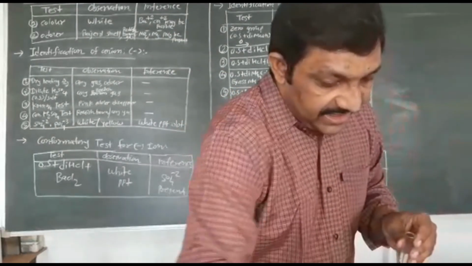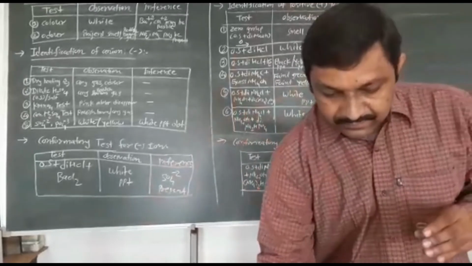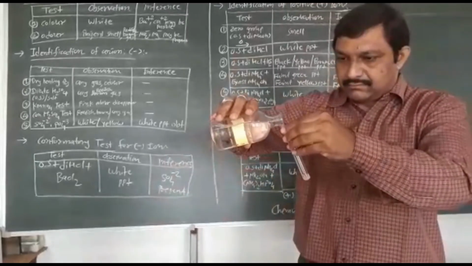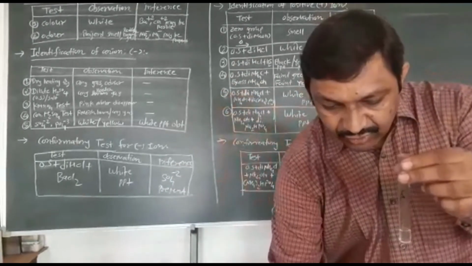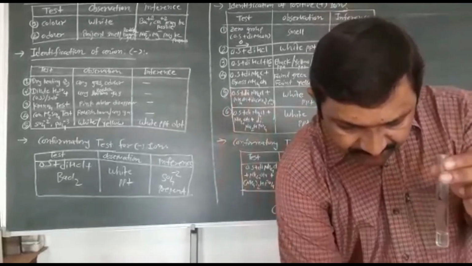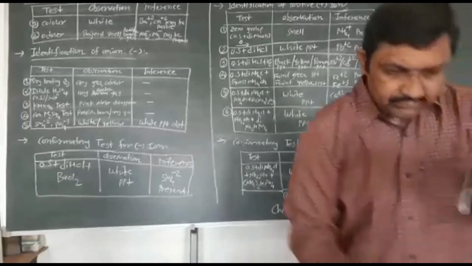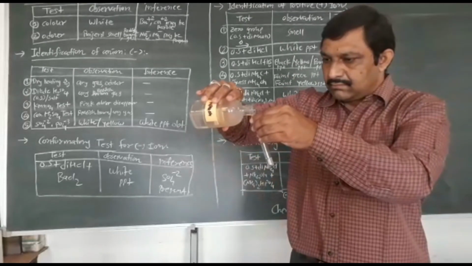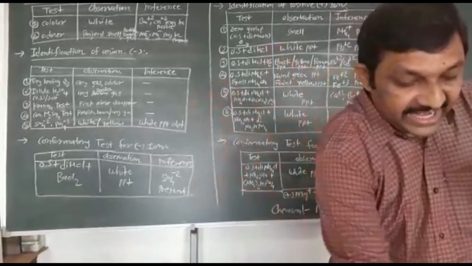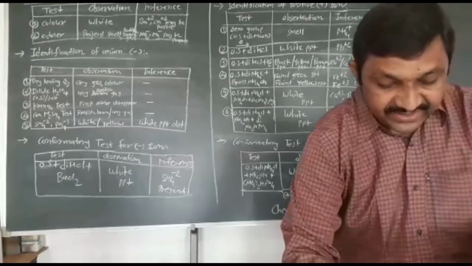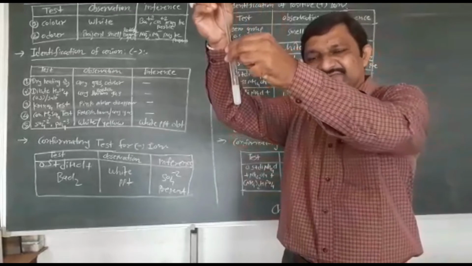Then I will add NH4Cl. Clear? Then NH4OH. Clear? NH4OH, and finally I will add ammonium diphosphate. Ammonium diphosphate is here.